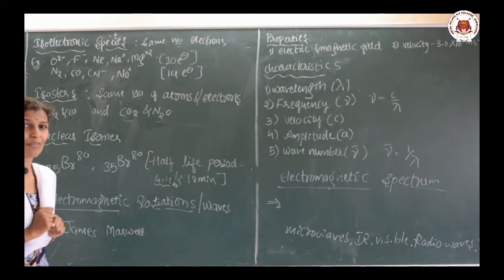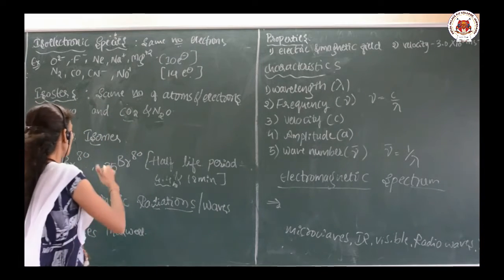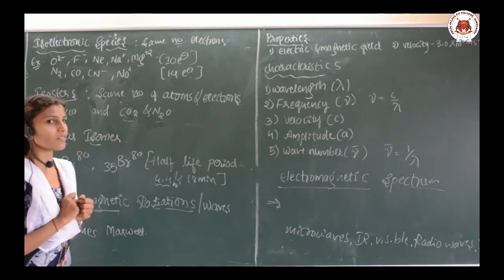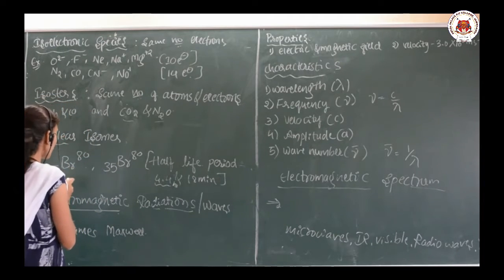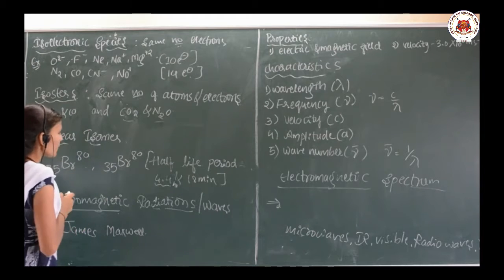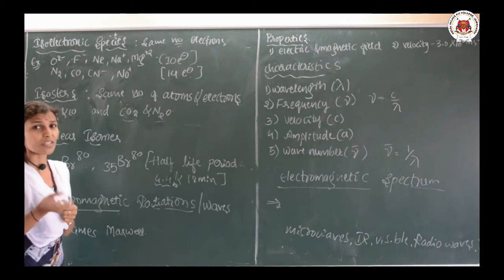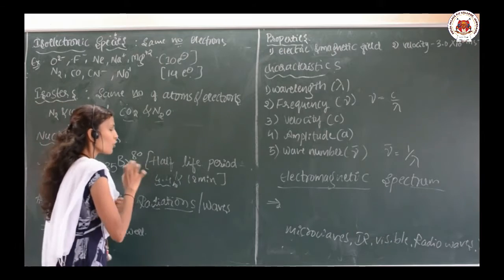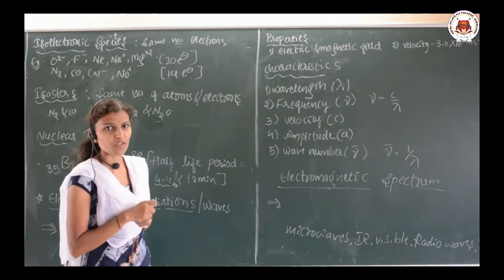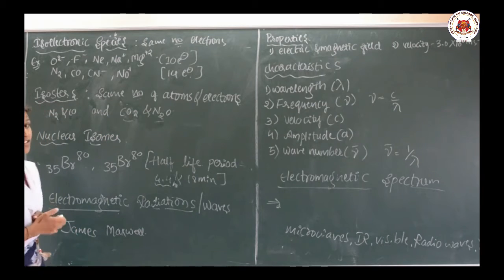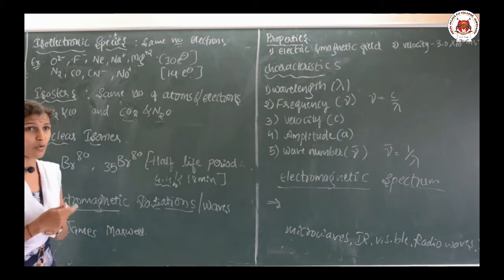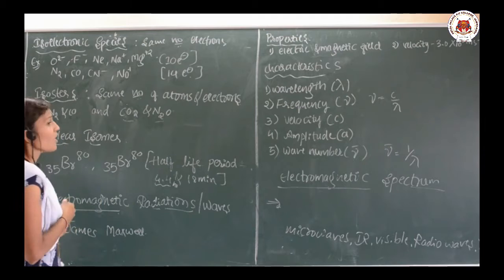One has a half-life of 4.4 hours, and the other has 18 minutes. So nuclear isomers are the isotopes which have the same atomic number and the same mass number, but differ in radioactive properties. So these are three more terms we can use.